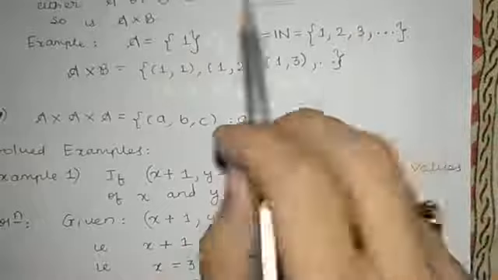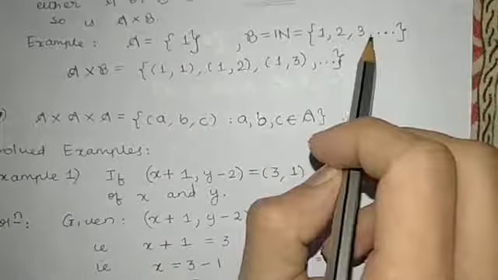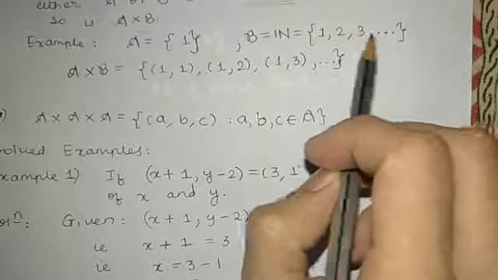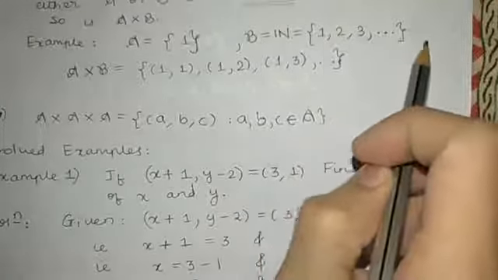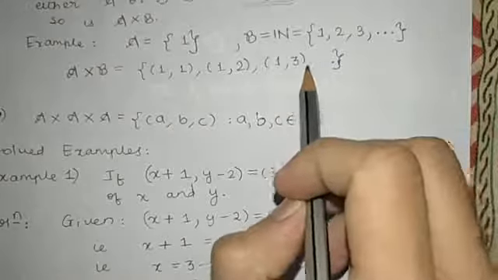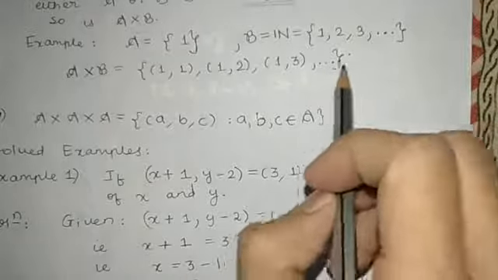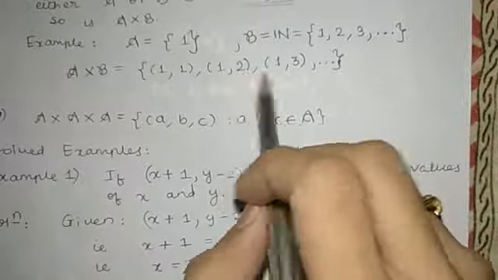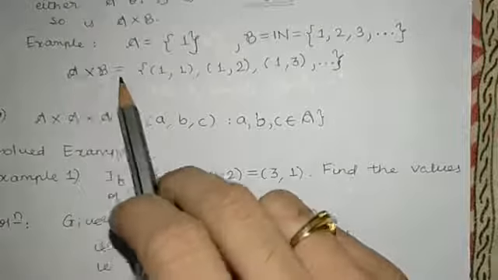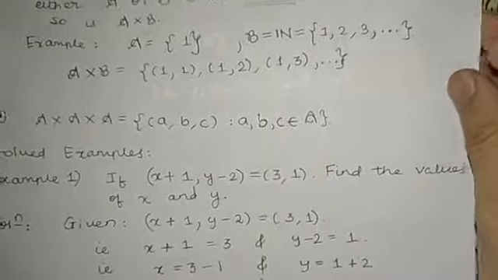Since you take the Cartesian product of 1 with every element of the set B, and there are infinitely many elements in B, you get infinitely many elements here also. They won't stop. So A cross B is also an infinite set.